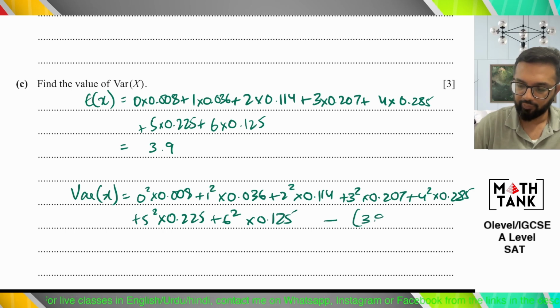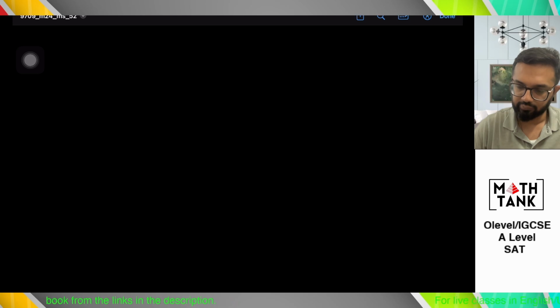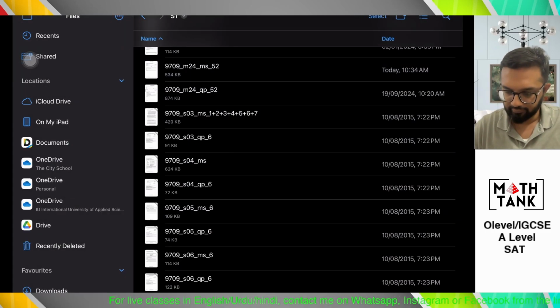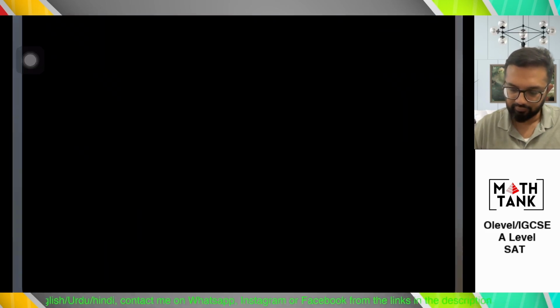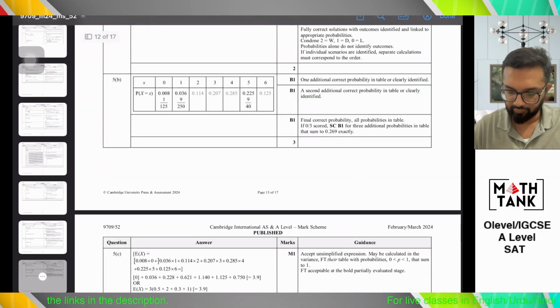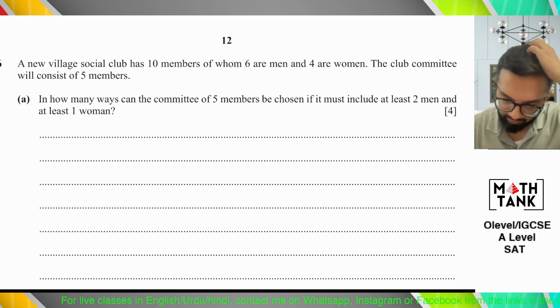So 1 into 0.036 plus 4 into 0.114 plus 9 into 0.207 plus 16 into 0.285 plus 25 into 0.225 plus 36 into 0.125, minus 3.9 squared gives me 1.83. Yep, 1.83.